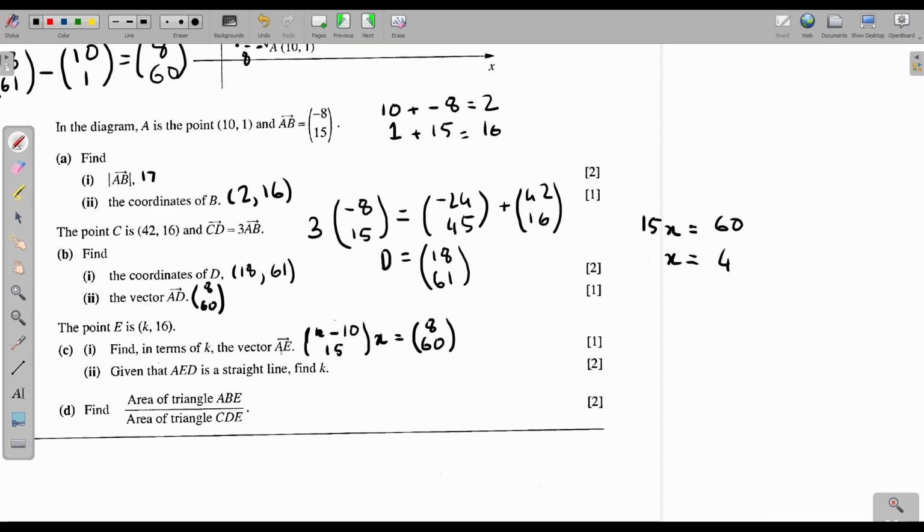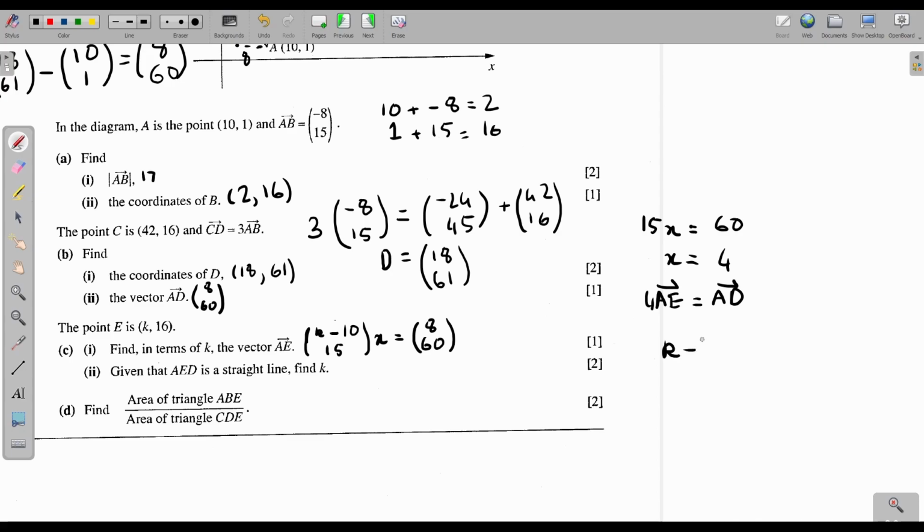So now we know that 4 times AE is equal to AD, right? So what we can do for that is just find K now.